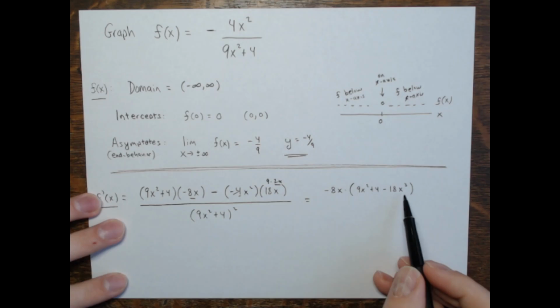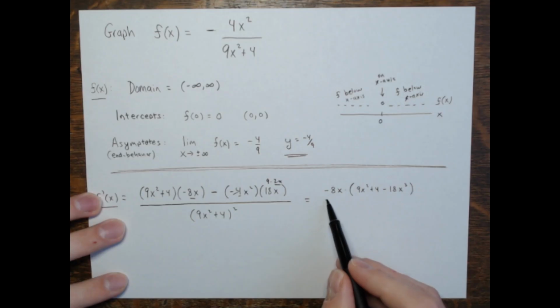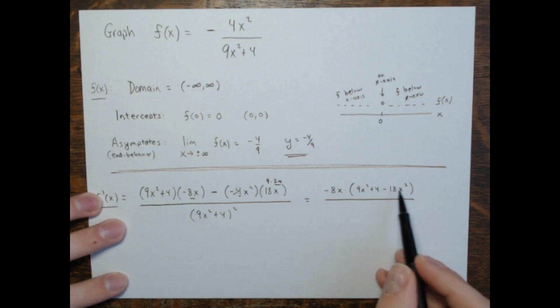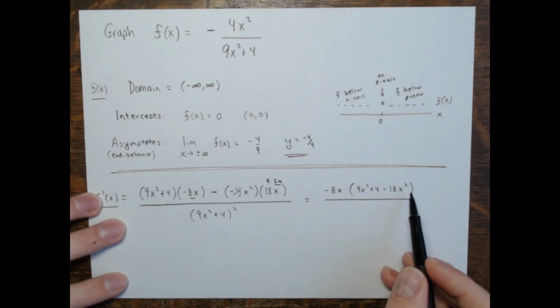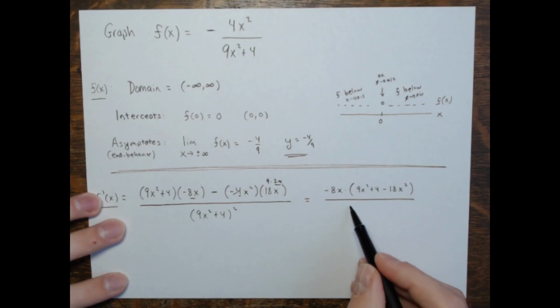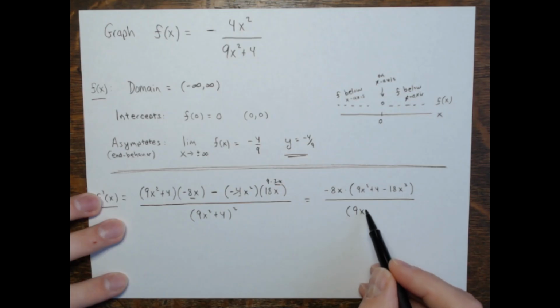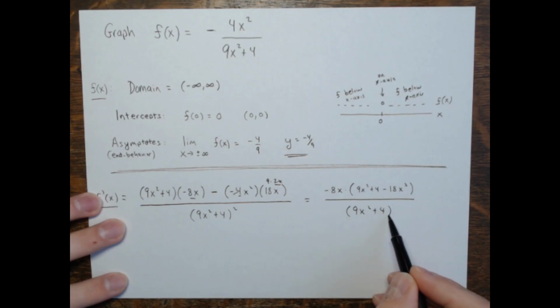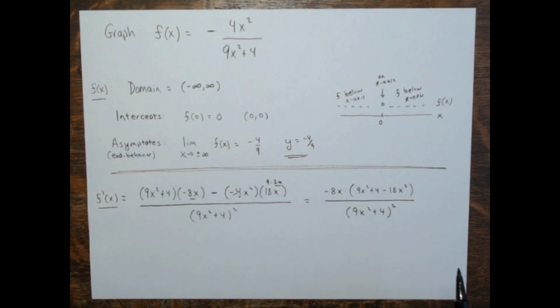Still, that's how I would factor. I pull out negative 8x from both of those, and then we've got 9x squared plus 4 squared down here.